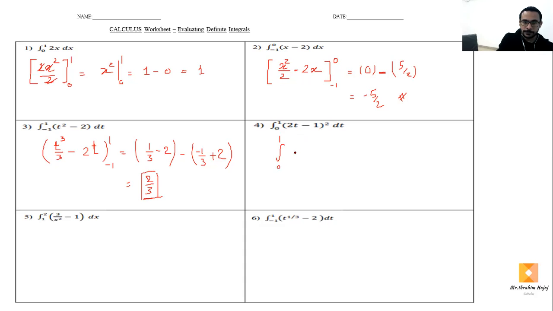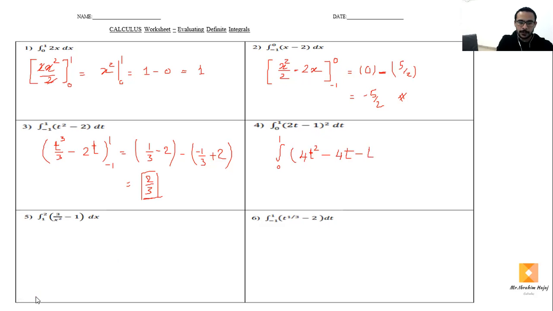It will be 2t squared, so 4t squared, minus 2 times 2t times 1, which is 4t, minus t squared.